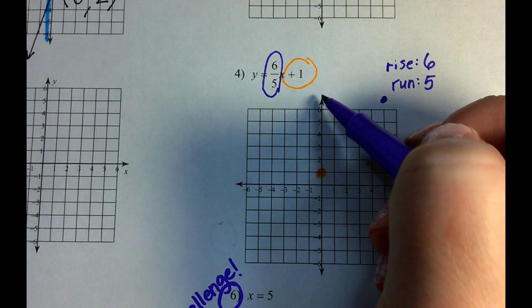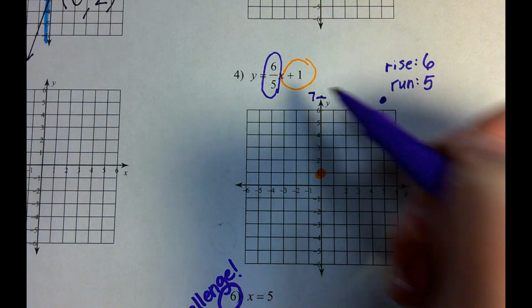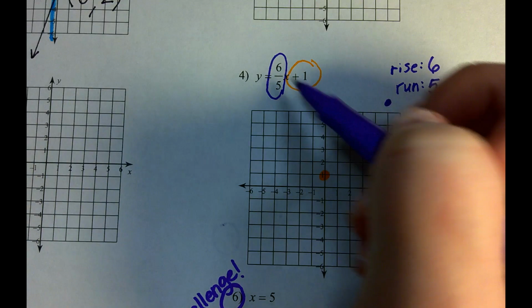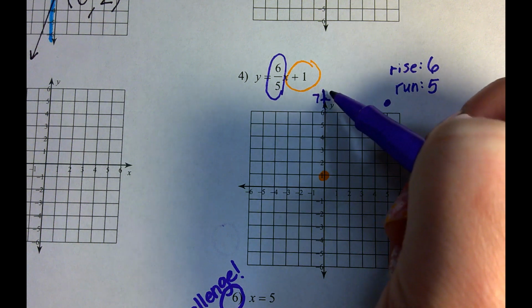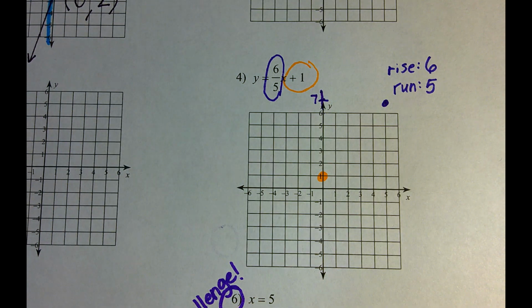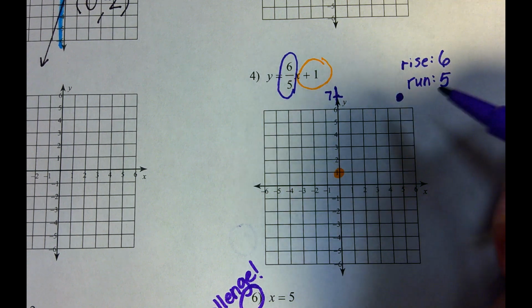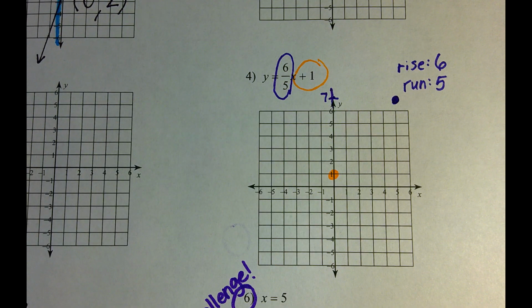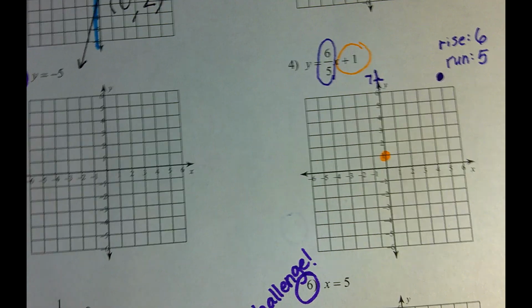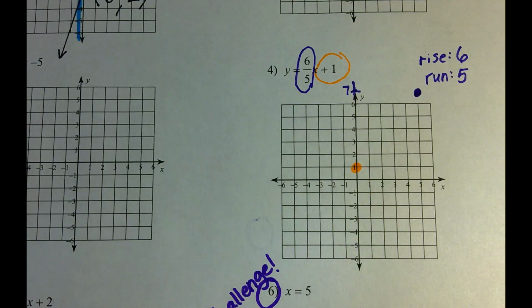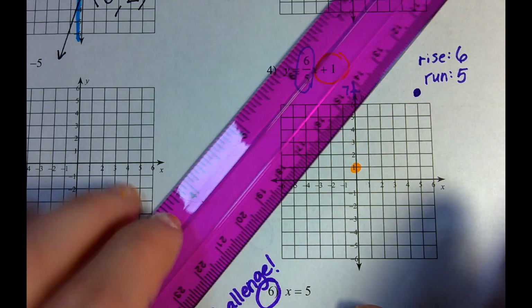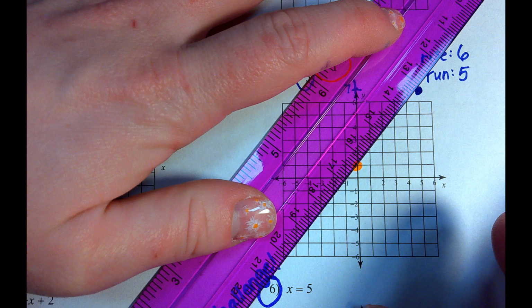So I'm going to put 7 right here because that's what this line would be. And there's our second point. Let's connect the dots and then we'll come up with our coordinates. Even though this one is off the graph, we'll still label it. It's just a little higher than I thought it would go.